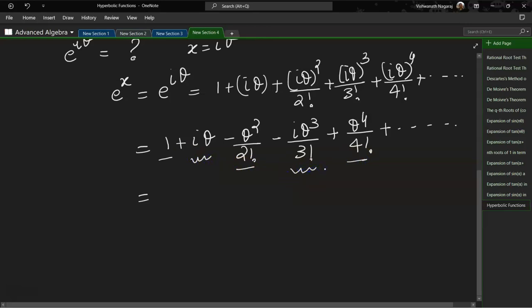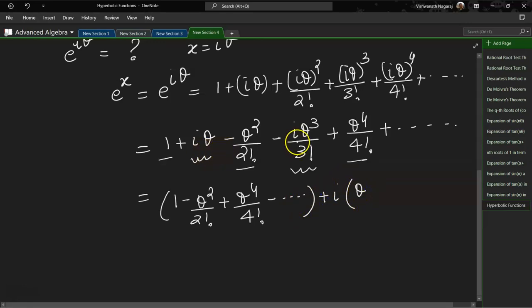So let's separate them out. What do we get? We get 1 minus theta square by 2 factorial plus theta 4 by 4 factorial minus dot dot dot, then plus i times theta minus theta cube by 3 factorial plus, if you follow the pattern, we will end up with theta 5 by 5 factorial and on and on.